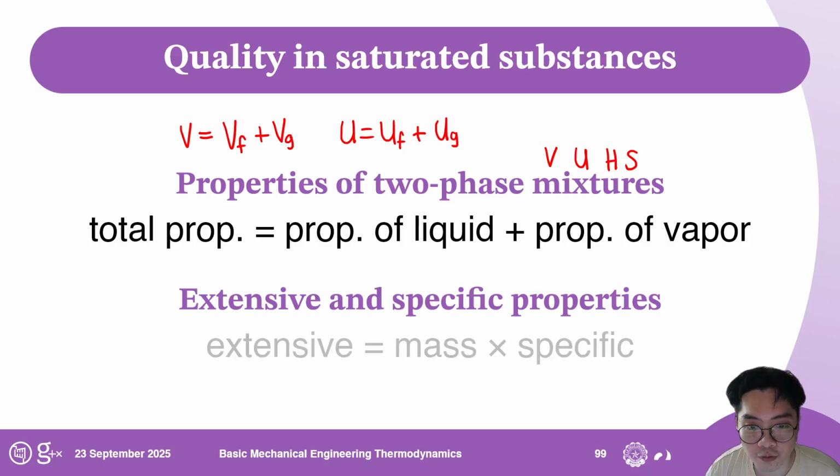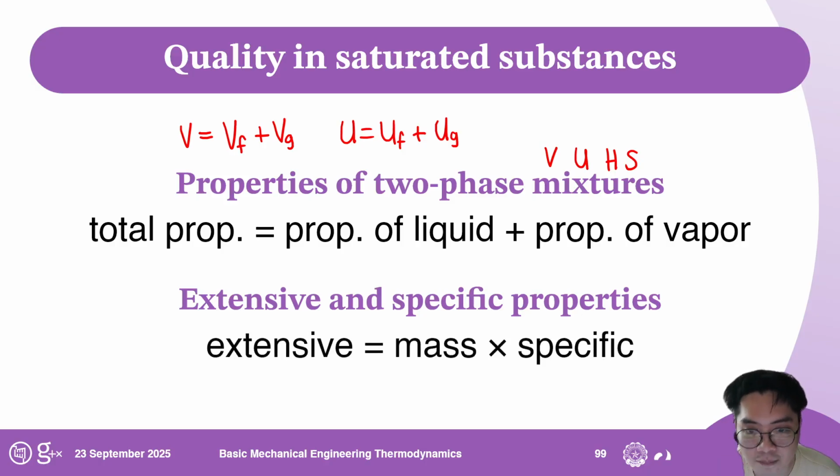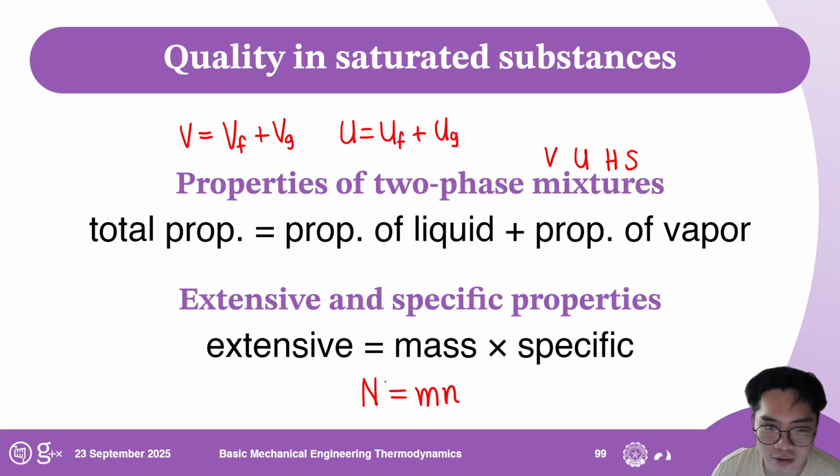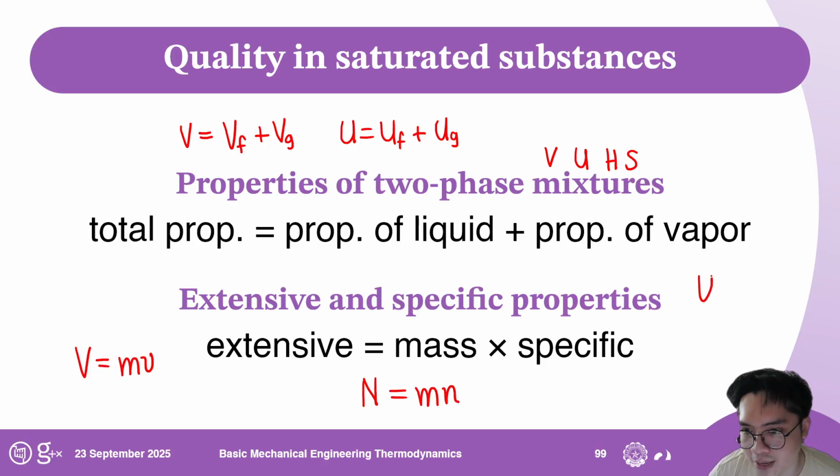And so, if you remember, the extensive property is equal to the mass times the specific property, or more simply, big letter is equal to mass times small letter. Big letter, mass times small letter. That kind of thing.